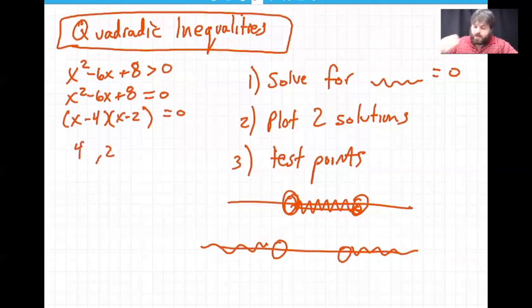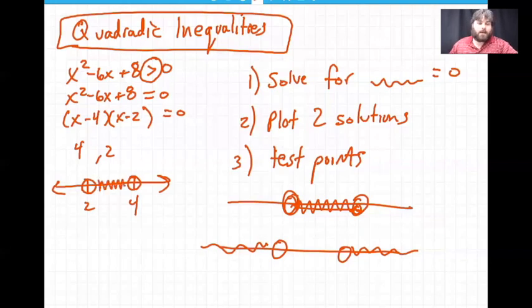Those are my zeros. So I plot these 2 points on a graph, 2, 4. Since it's greater than and not equal to, we're going to do 2 open circles here on my endpoints. Now, it's either in between there, like that, or it's to the outside, like this. Those are my 2 options here, all right?